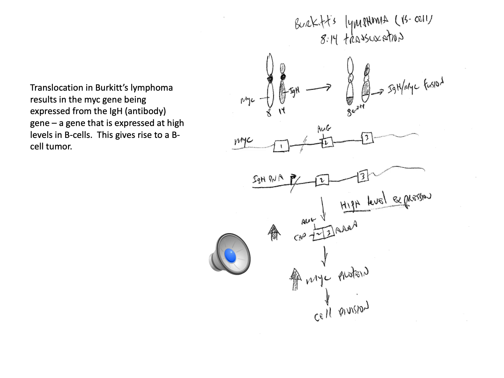So what happens during this translocation is that part of chromosome 8 moves on to part of chromosome 14, and below, I have line drawings that illustrate what's going on here. I have the word MYC written, so this represents the MYC gene on chromosome 8.